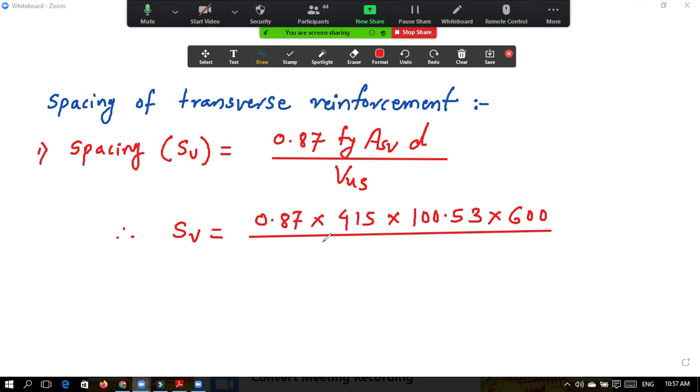What was the value of Vus we have calculated? I think previously we have calculated that value.